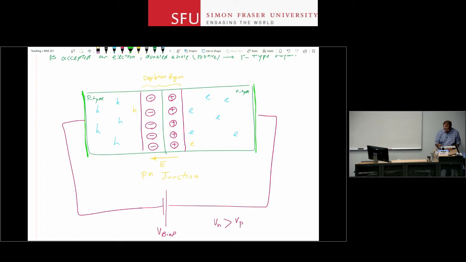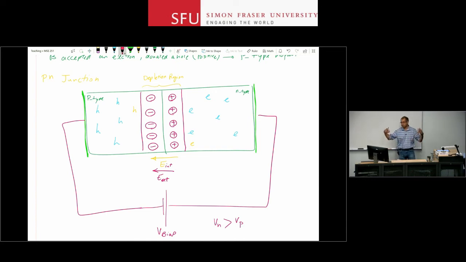So this is my PN junction. I'm just going to put the name here. Your external DC source produces a field that is in the same direction as the internal electric field. Let's call this E internal, and you have E external. E external and E internal are in the same direction.